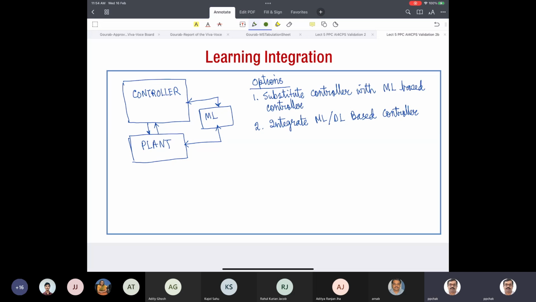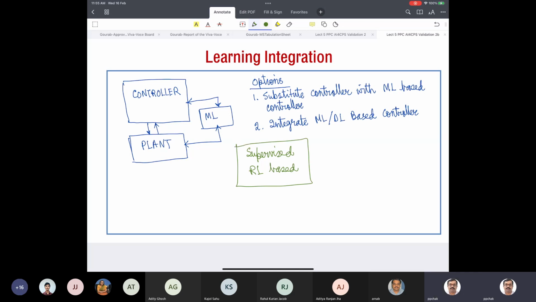So the controller, using the data that is generated from the plant, is converted using various kinds of deep learning, both supervised and RL based deep learning methods.